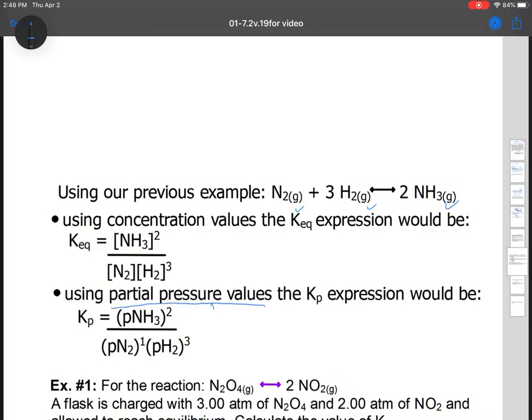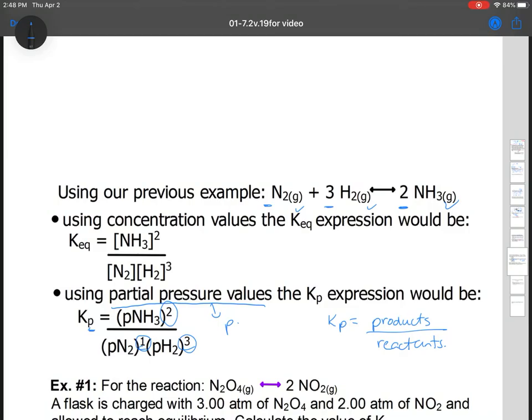When you do partial pressure values, we use P for pressure. Then we call it Kp, and we have the partial pressure of ammonia squared because of its coefficient, 1 for N2, that's its coefficient, and H2 is 3, and it's still products over reactants.